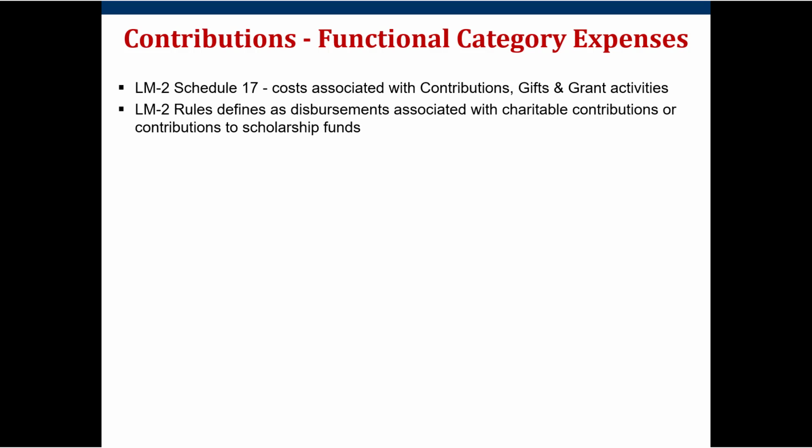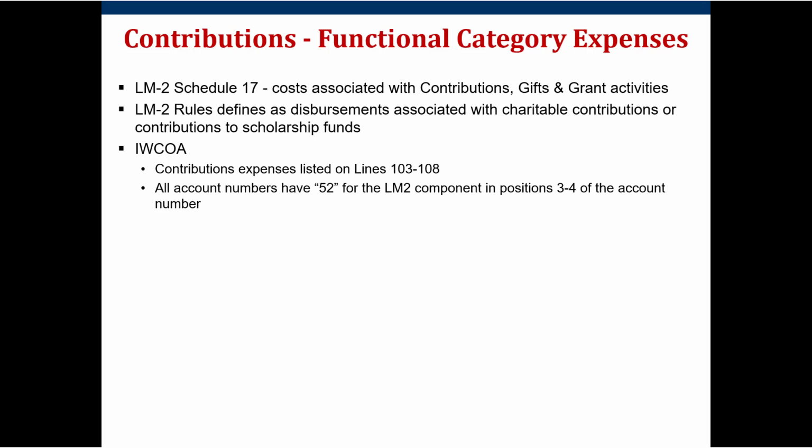Our chart of accounts has contributions expenses listed from lines 103 through 108 with the number 52 as the LM2 component of the account number. Accounts that we have included under costs are charitable contributions, scholarship expenses, or scholarship contributions.